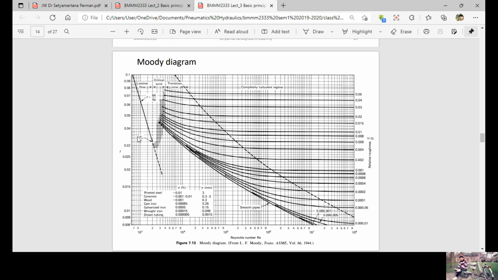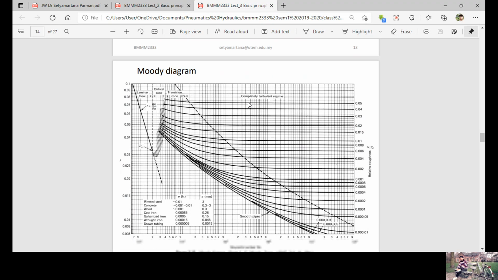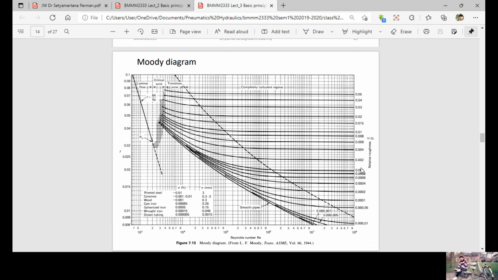How do we determine the friction factor for a certain Reynolds number? First, we must determine the relative roughness, epsilon over D. We see epsilon using this table, and then we see the inner diameter of the pipe, so we can get a certain value.